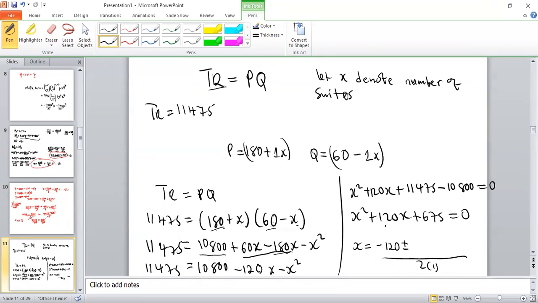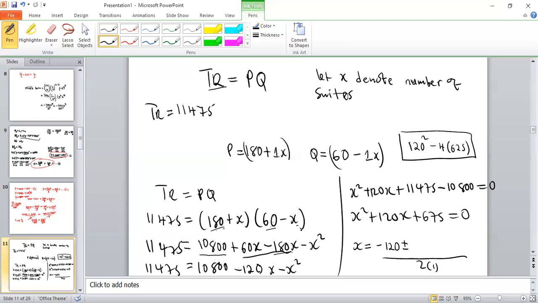Then we are saying the formula is minus b plus or minus the square root of b squared. Okay, so we had 120 squared minus 4, A is just 1, so 625. Chomba, when you punch this on a calculator, what are you getting? 120 squared minus 4 times 625. 11,900.